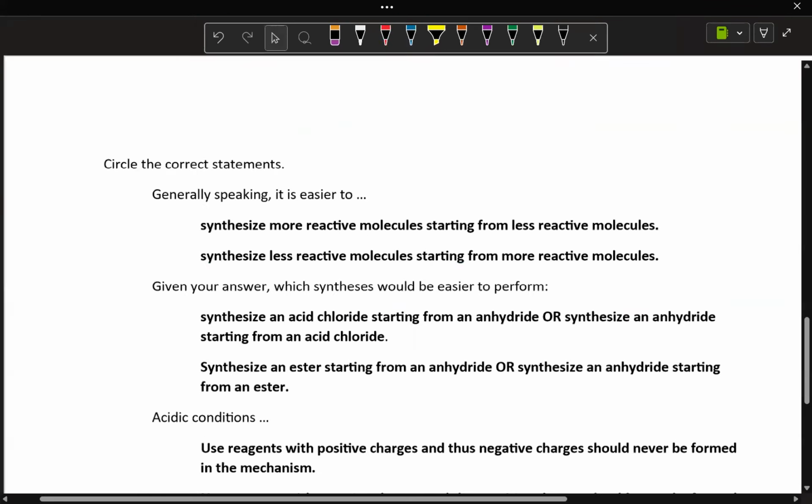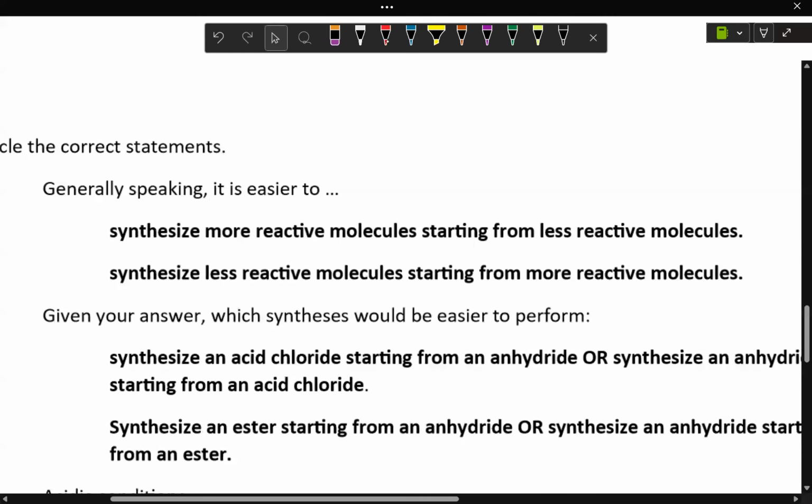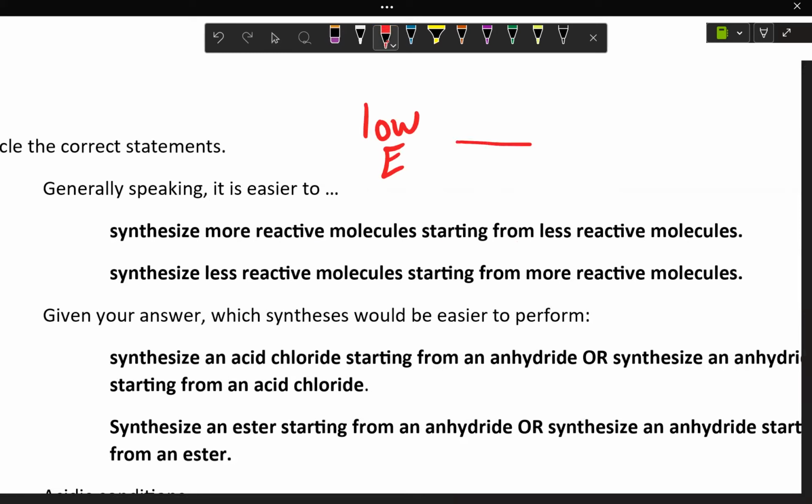All right, next one. Is it easier to synthesize reactive molecules starting from less reactive, or synthesize less reactive molecules starting from more reactive? The first scenario is saying we start from a less reactive molecule, so start with low energy and then synthesize a more reactive molecule. Something that's very reactive has a lot of energy. So the first scenario is trying to go from low energy to high energy.